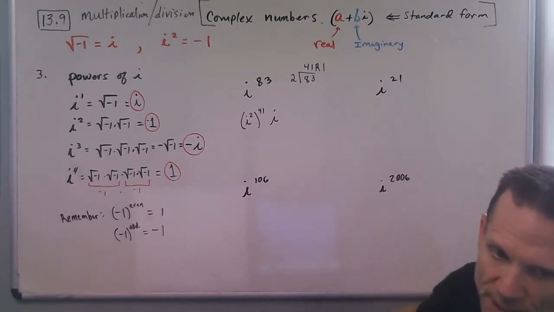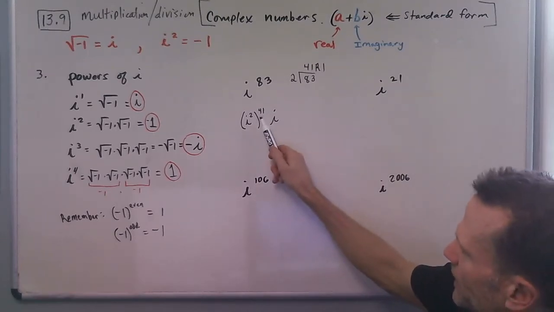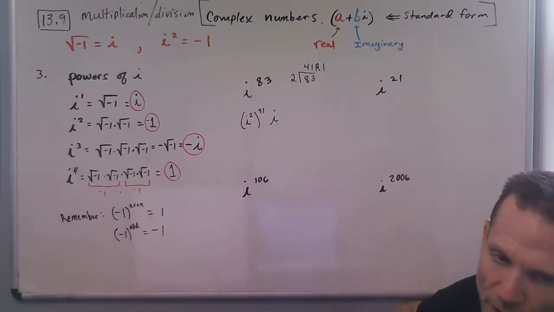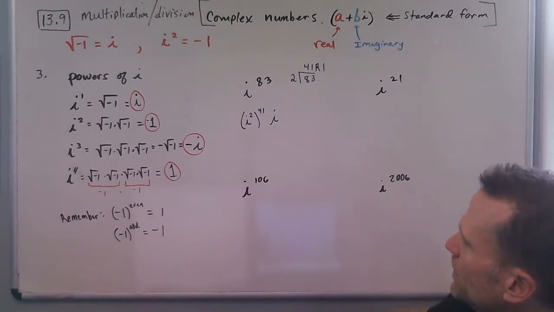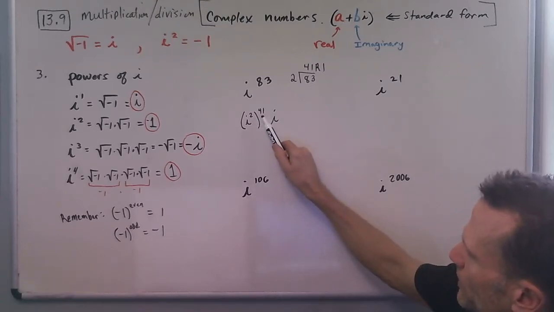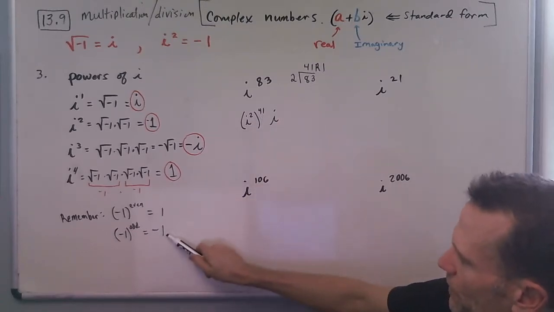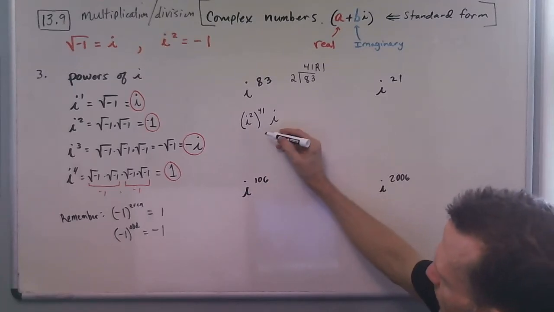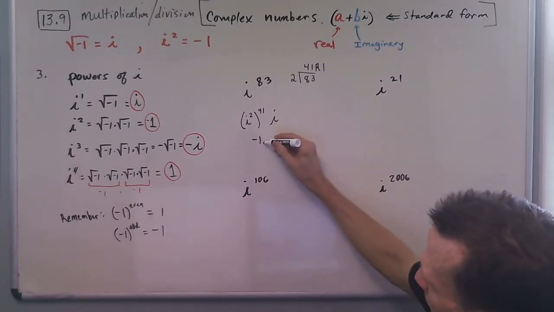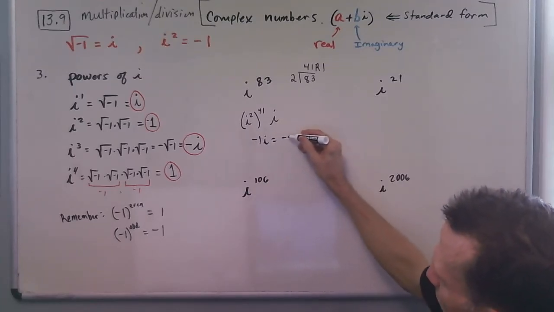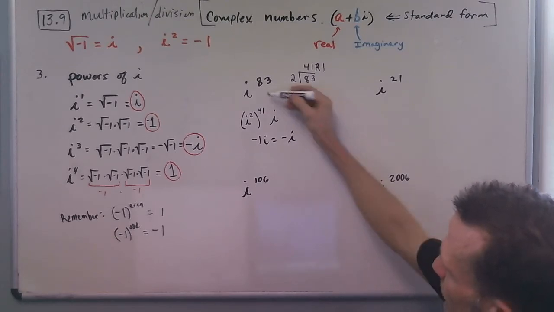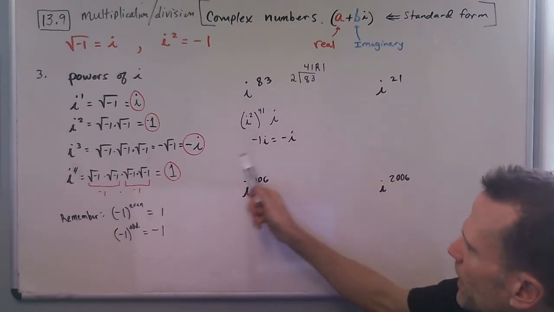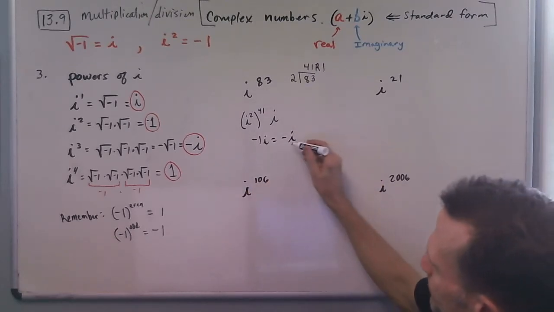So if we think about this, I have 82 i's here, plus 1 more i makes 83 i's. Well, here we have i squared to the odd power, which we know is -1. So what I end up getting is -1i, or better known as -i. So i to the 83rd would simplify to -i.